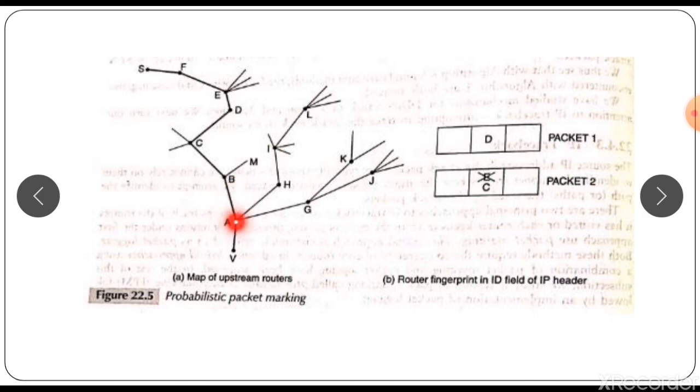So first A will query its neighbor routers, in this case B, H and G. One of the routers, let it be B, will respond positively. Then B will query its neighbors, C and M. Then one of them responds positively, then contacts its neighbors, and so on until the source of the packet is traced. The problem here is that the storage requirement at each router implemented in this scheme would be prohibitive.